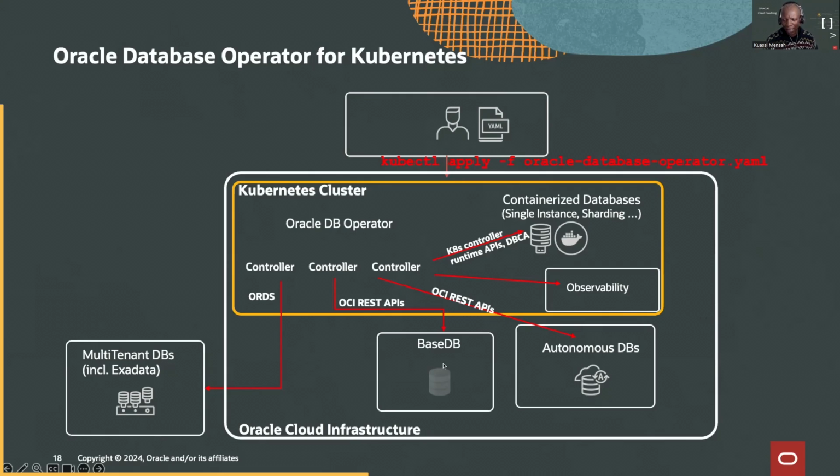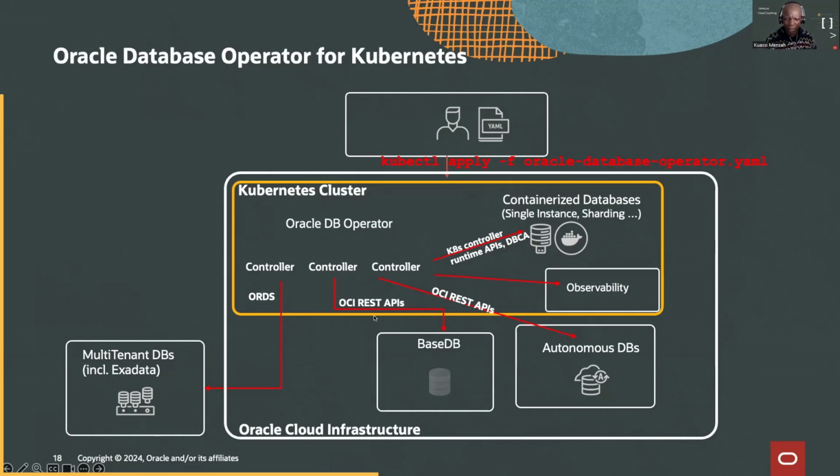Same thing for BaseDB. BaseDB is the new name for VMDB. It's a VM-based database. You just have a compute instance. You deploy the database, and you can manage it, put whatever you want inside. So this is also run by a controller through the OCI REST APIs.